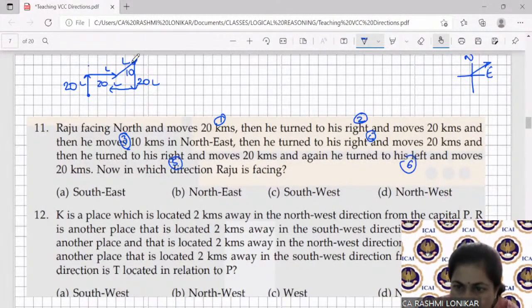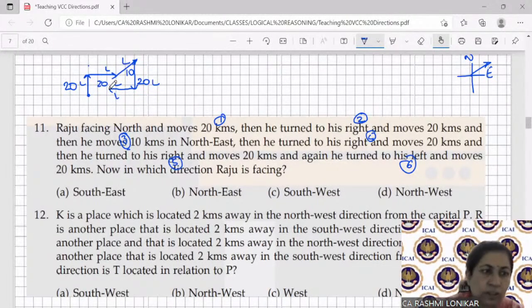So he turned right, moved 20 kilometers. This was your fourth point. Then he moved right, he moved here. So this is the fifth one. And again, now because he's here, where is his left? His left is here. So he moves 20 kilometers.